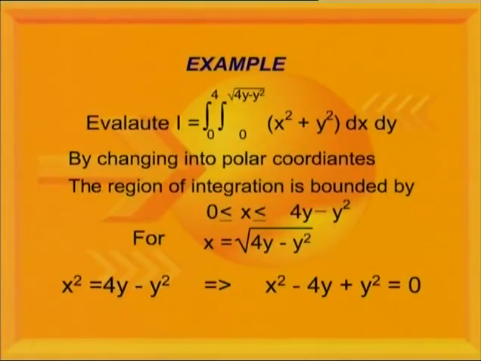From intermediate analytical geometry, you know this is a circle whose center is at (0, 2) and the radius is 2. So this is a circle, and y from 0 to 4 and x is positive. It means it is the half of that circle which lies in the first quadrant.